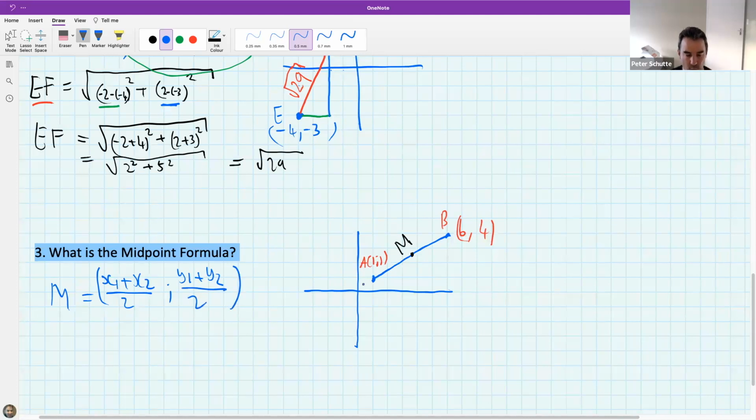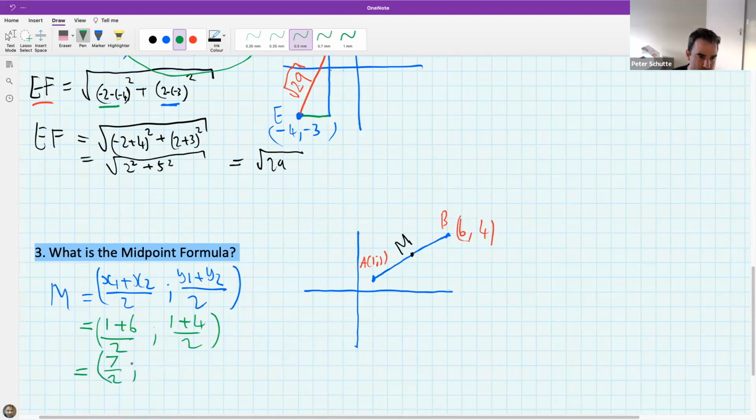So how would that work in this particular context? I know roughly where it's going to be. It's going to be in the positive part of town, but I just go 1 plus 6 over 2 is the X coordinate of my midpoint. And then I go 1 plus 4 over 2 is the Y coordinate of my midpoint. And so what's that going to be?